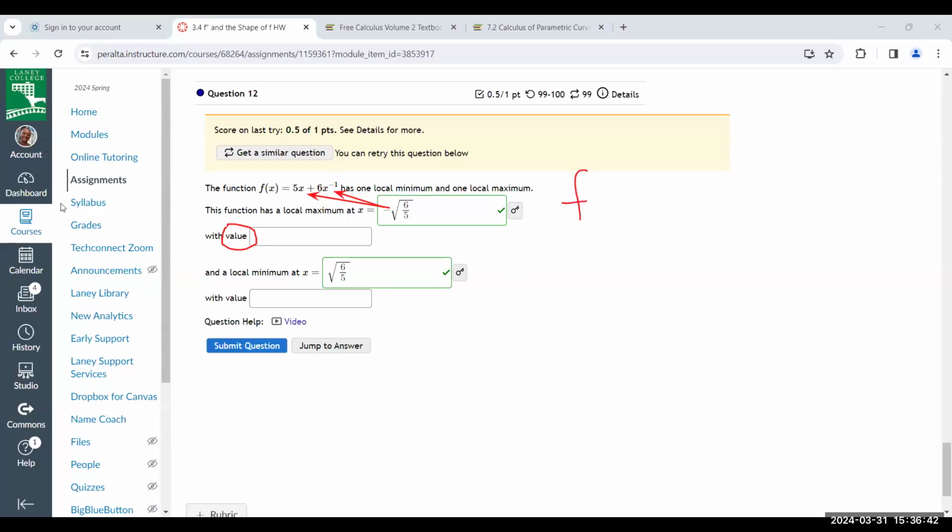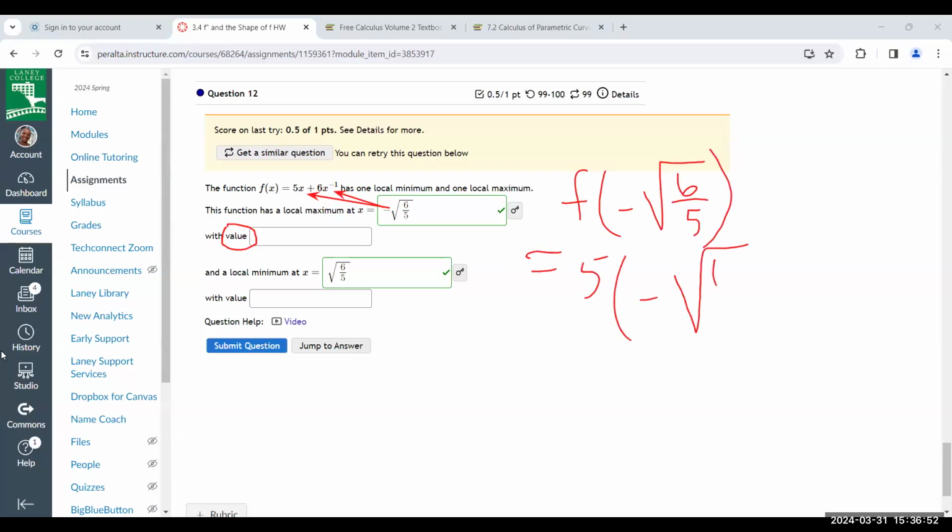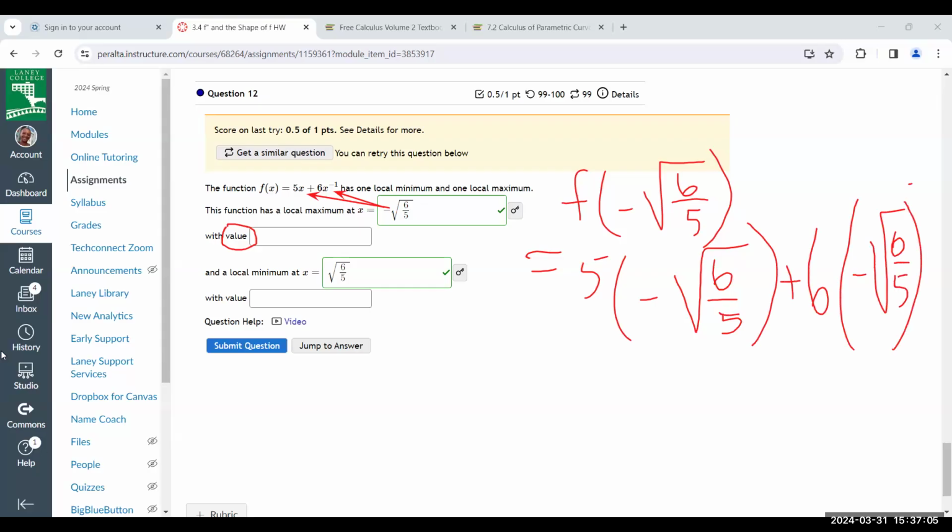So I'll have f of negative root 6 over 5. So this is going to be 5 times negative root 6 over 5 plus 6 times negative root 6 over 5, raised to the power of negative 1.